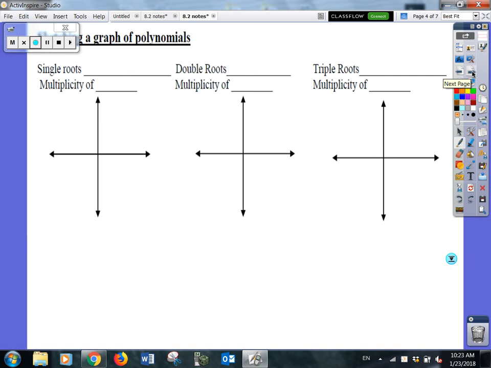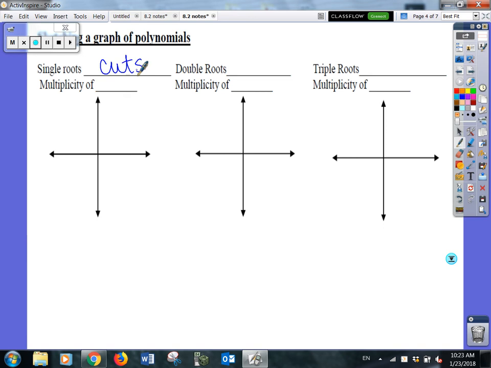But as far as graphing polynomials, you have single, double, and triple roots. Now we have quadruple roots, fifth roots, sixth roots, seventh. That can go on forever. But I would never make you graph anything other than something with a root of 1, 2, or 3. So a single root, if you remember from Algebra 2, cuts through the x-axis. Okay, it just cuts.